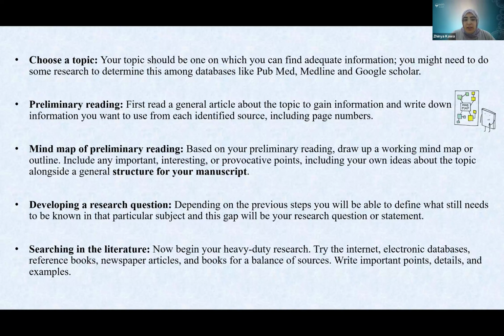Okay, after developing your thesis statement or your research question, you'll be able to do an extensive search in the literature. So now you are looking for very detailed information about the points you have. Probably, guys, in the research question, you want to mention a specific class of medication that is going to treat or is used in the juvenile disease.